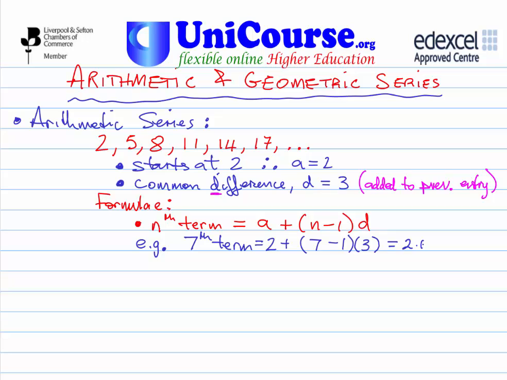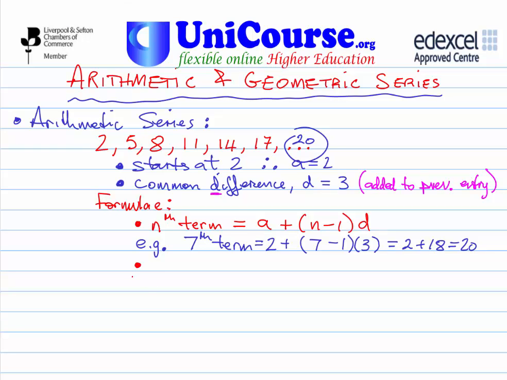Okay, and so we're going to simplify that lot out. 7 minus 1 gives you 6. 6 times 3 gives you 18. 2 plus 18 gives you 20. Okay, so the 20 is the 7th term, so it comes after the 17. So indeed it will go in there, and yeah, looks right. So we're quite happy with that.